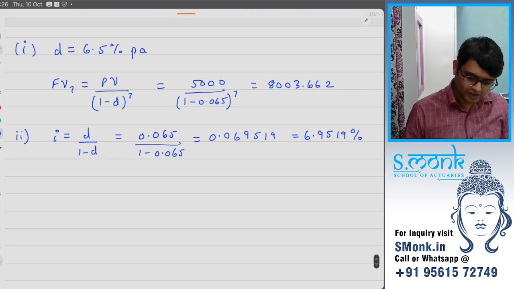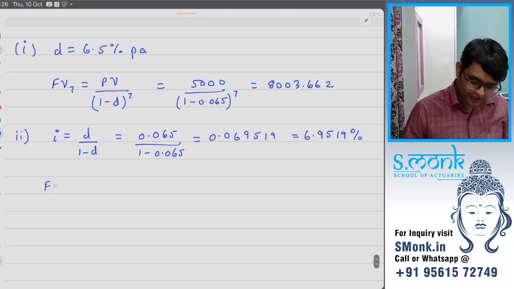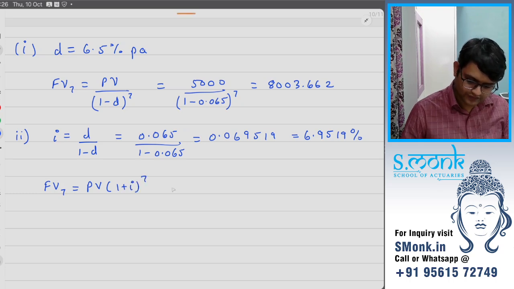Now we'll use that when we are calculating future value: present value into (1 plus i) raised to 7.